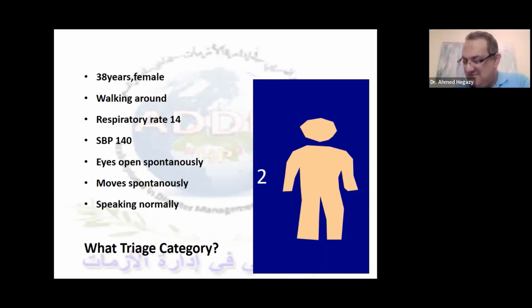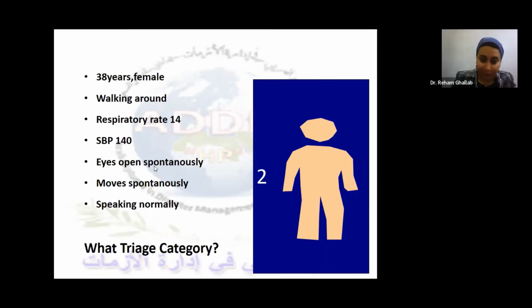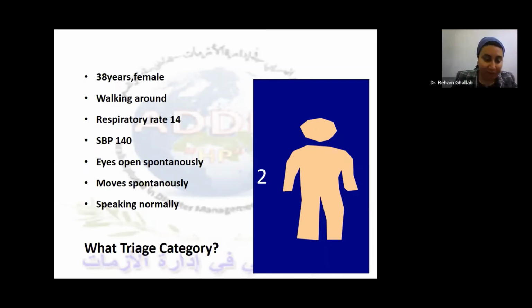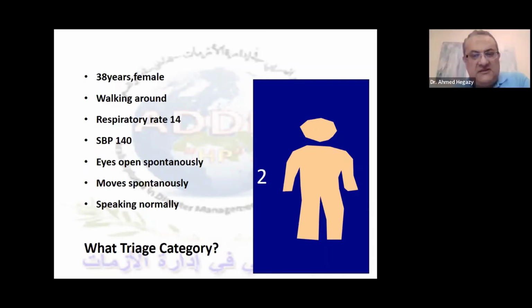Verbal response: the patient speaks normally, which is 5. Eye opening: the patient opens eyes spontaneously, which is 4. Move spontaneously has a 6, as we mentioned. So it's 15, the highest one.